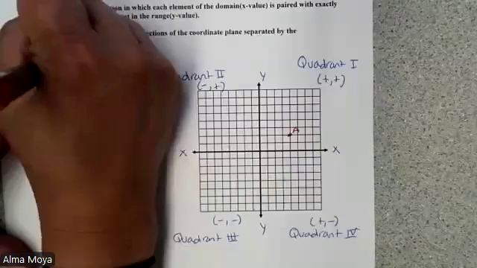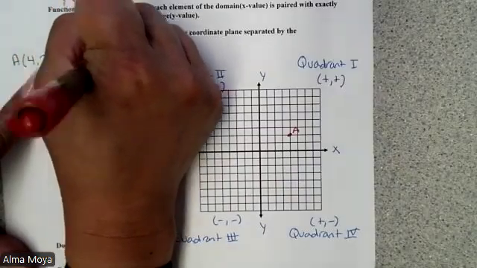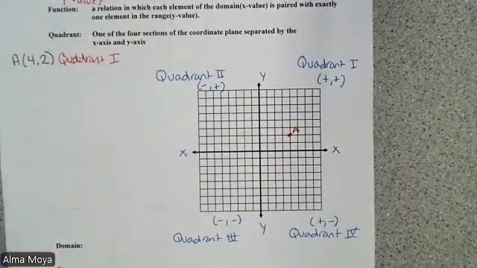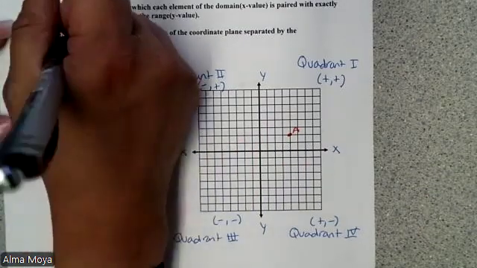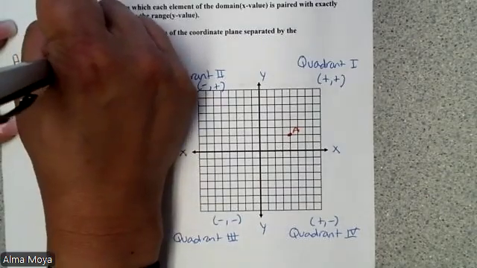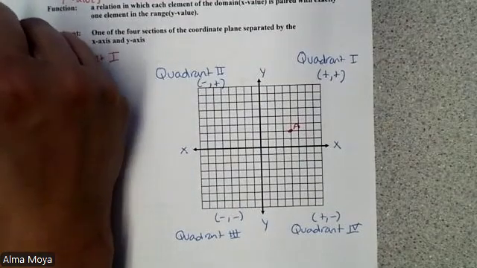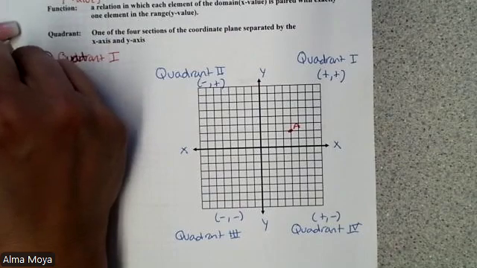So then I want you to put quadrant 1. So I'm going to give you guys a list of points. And if you guys can go ahead and plot them and then tell me what quadrant they're in. All right. So B is negative 1, 5.